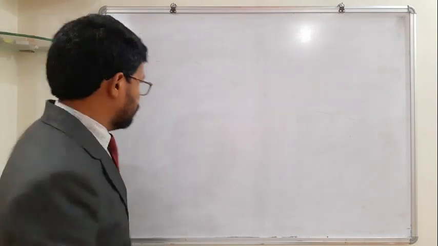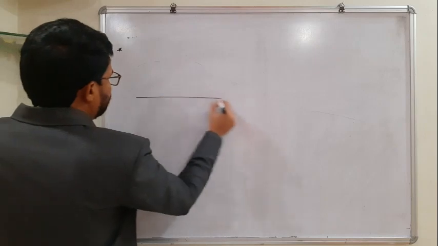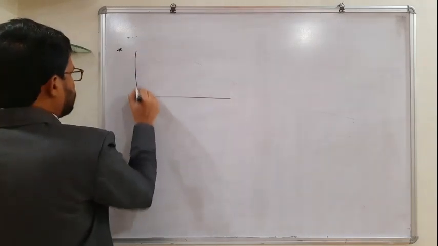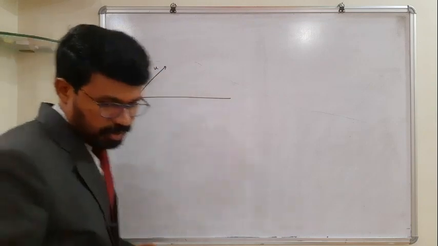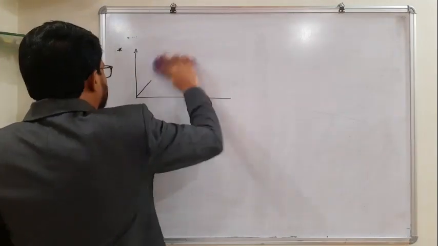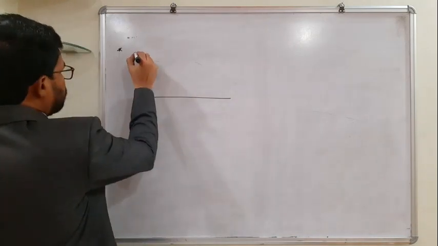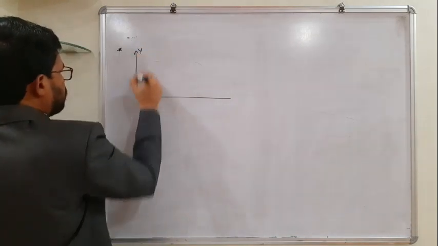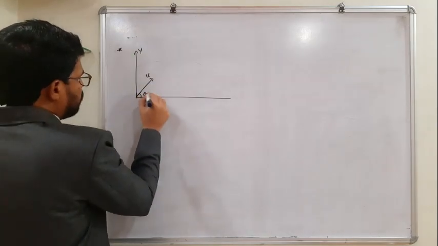Now let us consider one more situation. Let us say a body is projected with an initial velocity u at an angle theta with the horizontal.